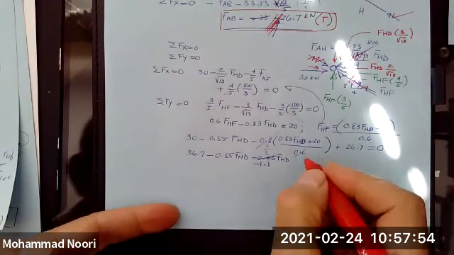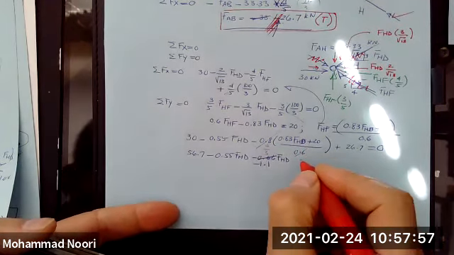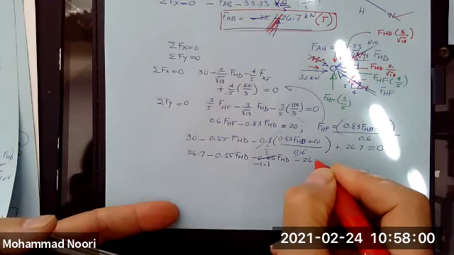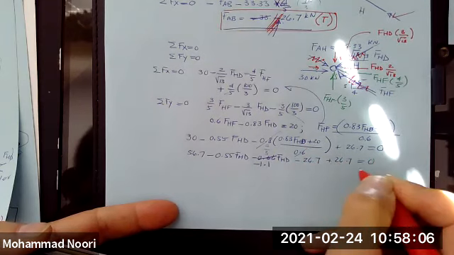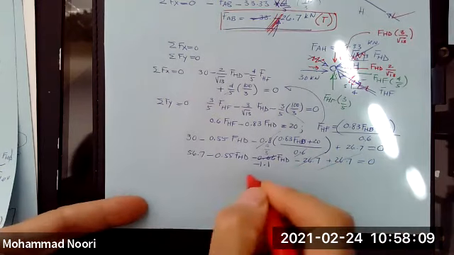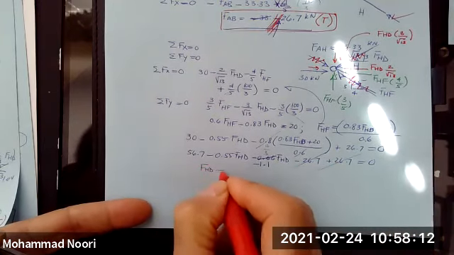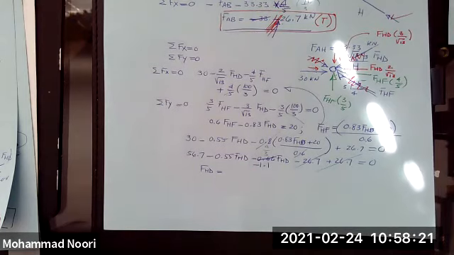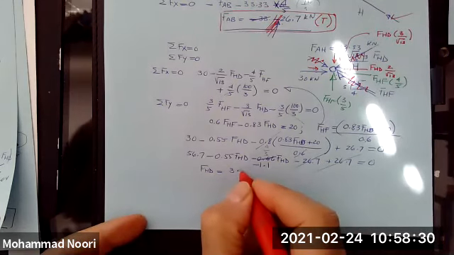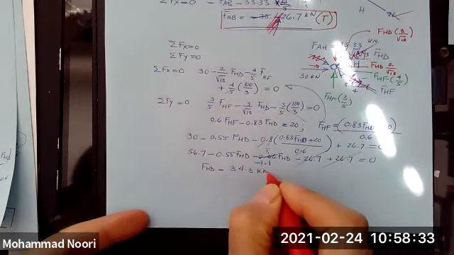That would be 26.6 minus 26.7 plus 26.7 is equal to 0. These two cancel out. So f of hd comes out to be 1.65. So it would be 56.7 divided by 1.65 comes out to be 34.3 kilonewton.